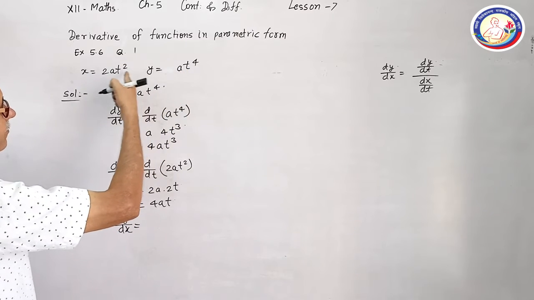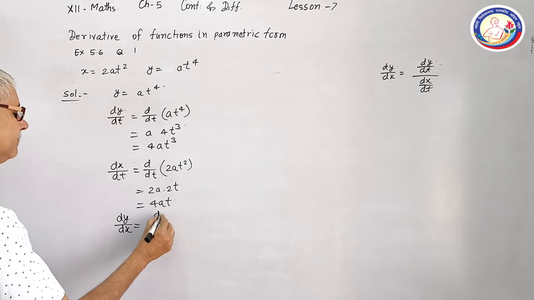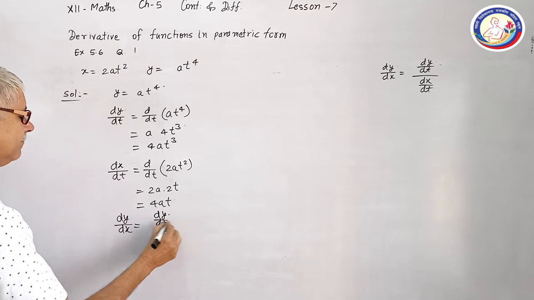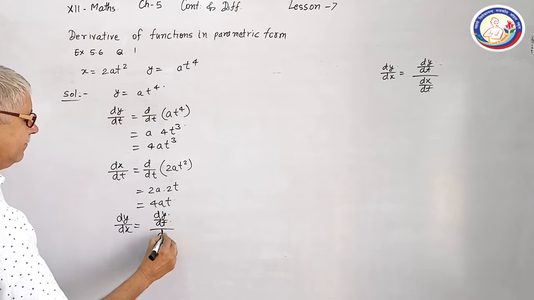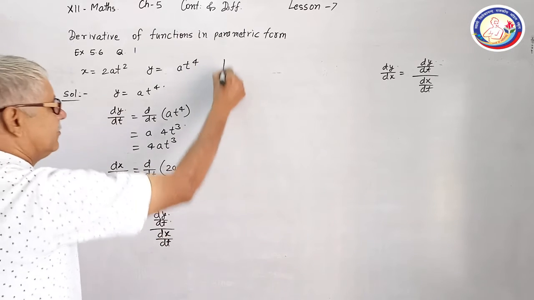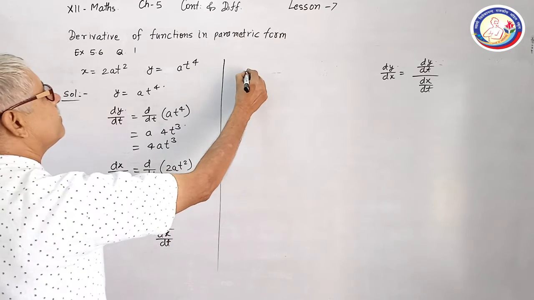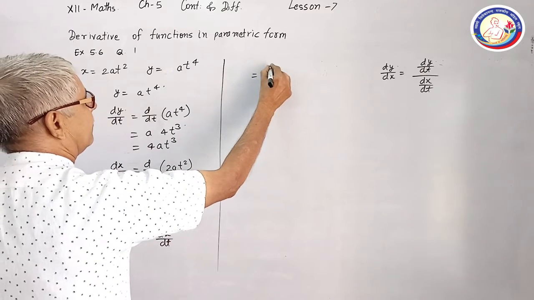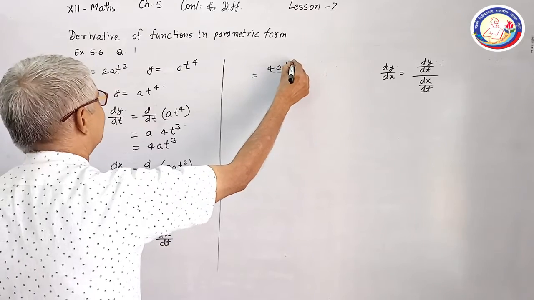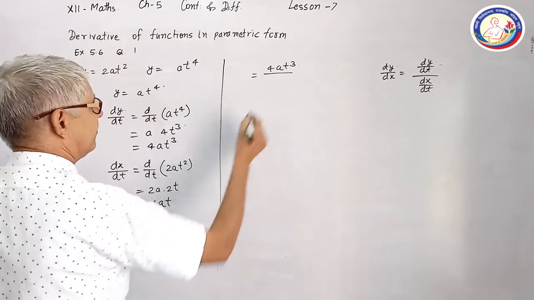We shall have dy by dt upon dx by dt. On substituting the values we already found here, 4at cube divided by this 4at.